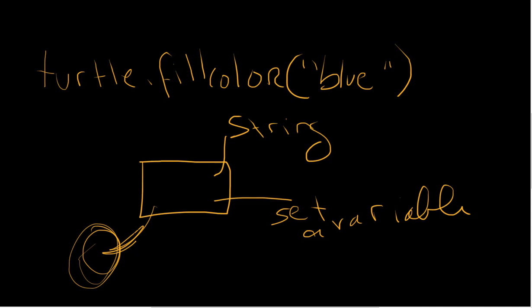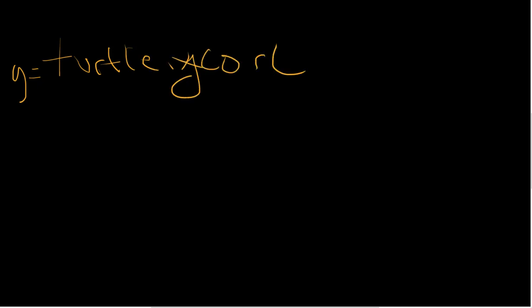It just does something on our turtle screen, versus something like the xcor and ycor coordinates. We might call turtle.ycor, and we don't have to send it anything. What it does is return the current y coordinate where our turtle is on the screen.